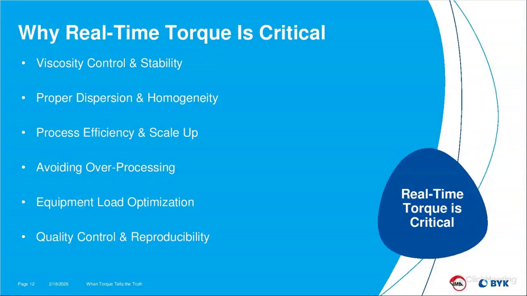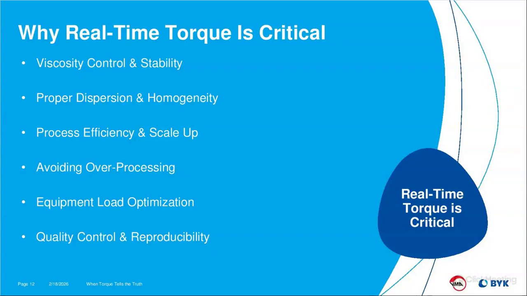Dispersion and homogeneity, this helps us optimize our shear forces for proper breakdown of our materials. Process efficiency and scale up, this takes all the guesswork out of the scale up process, going from the very small lab volumes up to your pilot to production volumes. It helps remove a lot of the guesswork there.